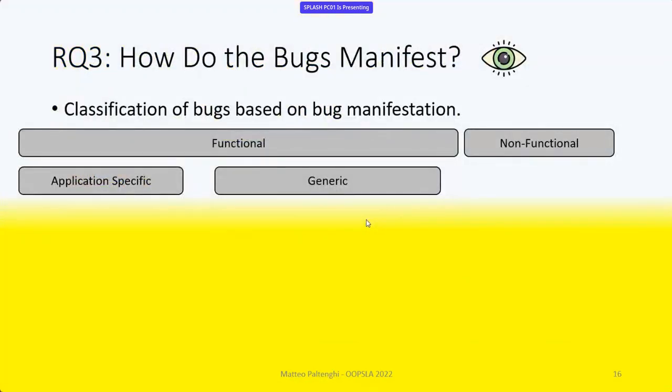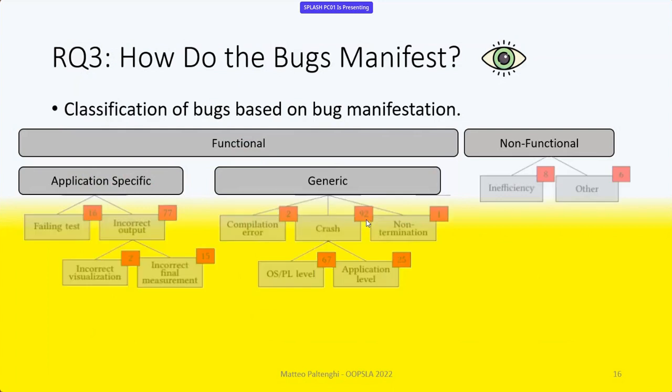So let's now look at how we can spot these bugs in the first place. What we did, we compiled and broke down our analyzed bugs in a traditional division between functional and non-functional. And functional was recursively split into application-specific and generics. So these are the different subcategories that we identified.